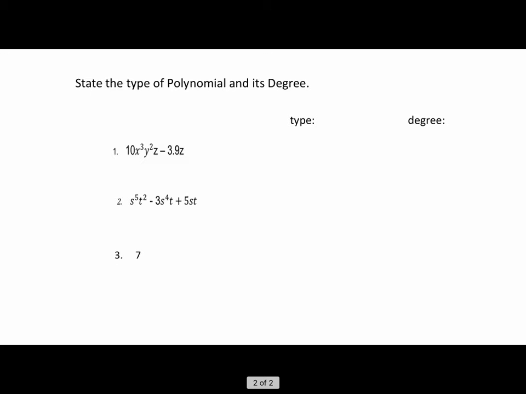So our first example, to find the type, we need to know how many terms there are. Well, there is one subtraction symbol, so that separates the two terms in the polynomial. 2 terms makes this a binomial. So then I need to figure out what is the degree of the polynomial.